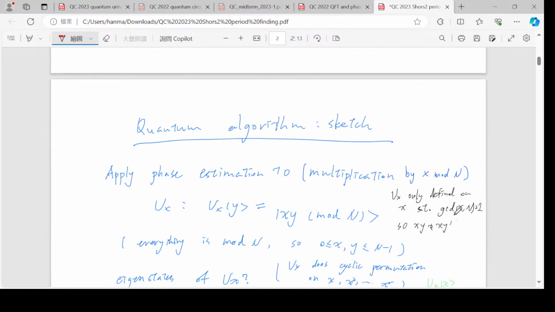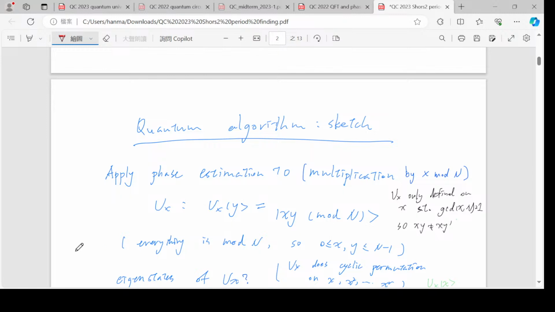So we promise that x and N are coprime to each other, and in that way, then xy will not equal xy prime. Is it true? I think it is true for different y. It's a little weird.